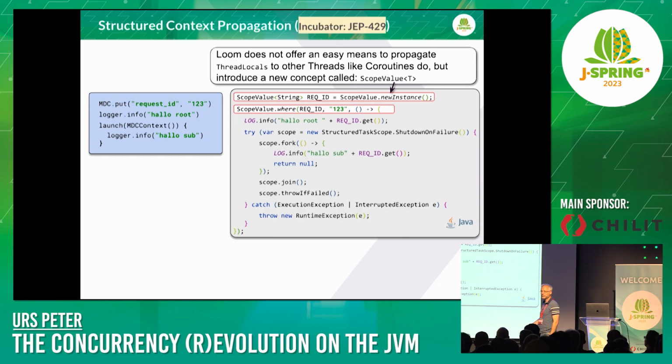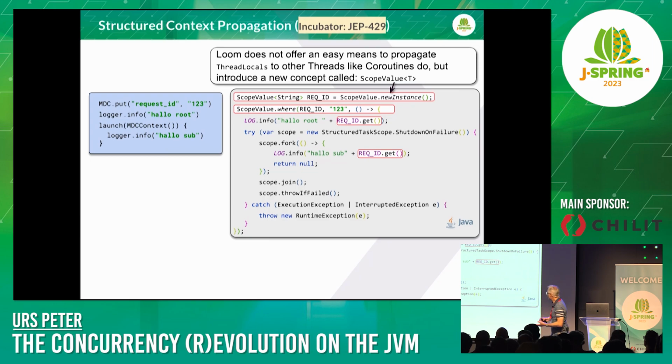They have this so-called scope value, which then has this where class where you provide this particular value with a particular value, which you then can retrieve no matter how many processes you spawn. So within this particular code block, lambda, you have access to this variable no matter how many processes you use in there.